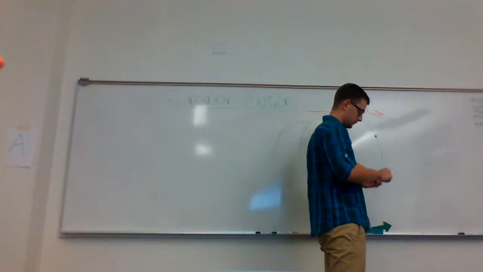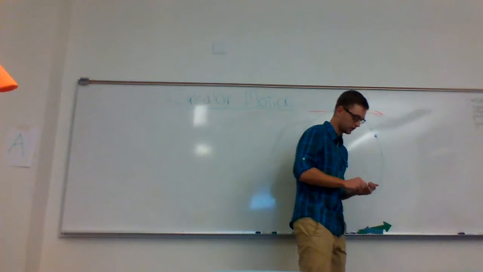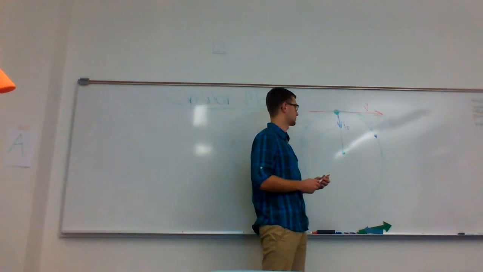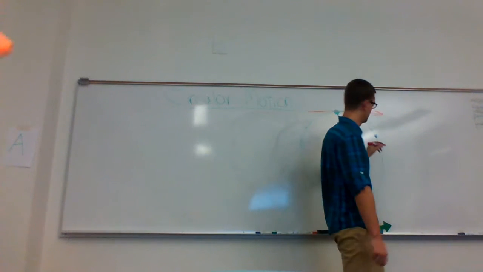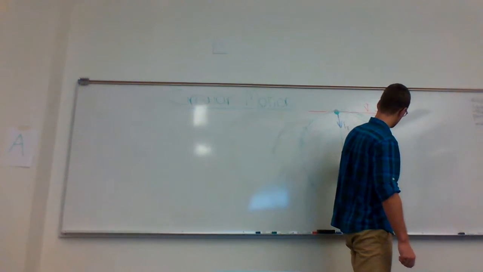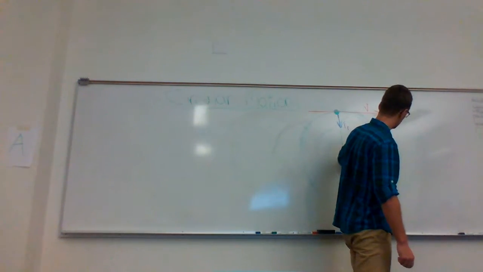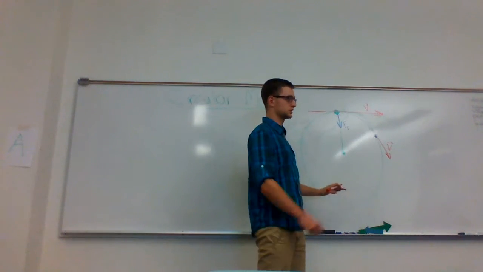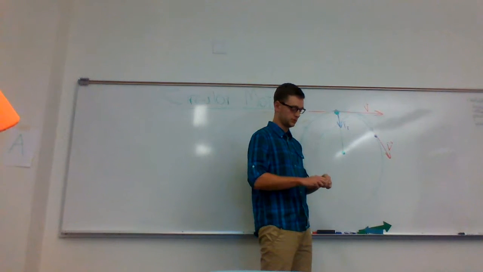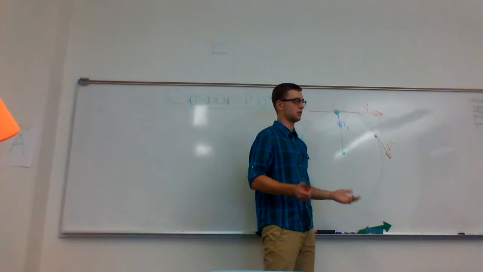This is an example of uniform circular motion. So we have a constant velocity; no matter where this object is, its speed is always going to be the same, just in a different direction. That makes sense, right? So that's called uniform circular motion. Uniform basically means it's a constant speed.